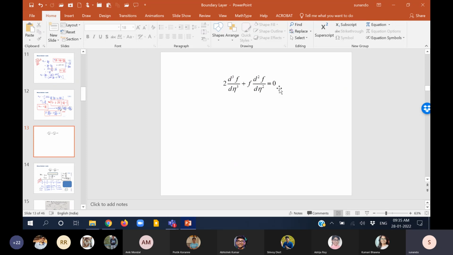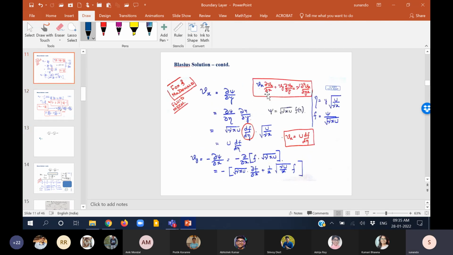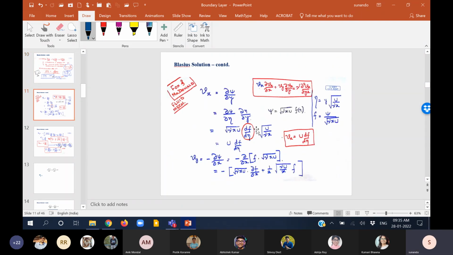Through this definition, we have come to this point, and we know the boundary conditions. On the plate, eta is defined as y times root over u by nu x.